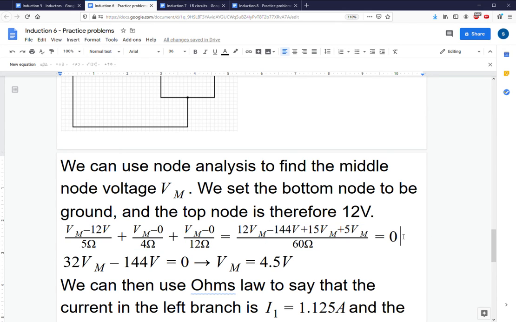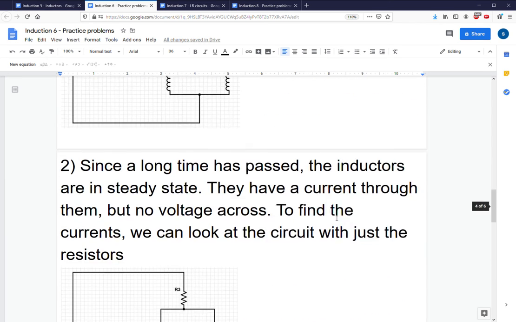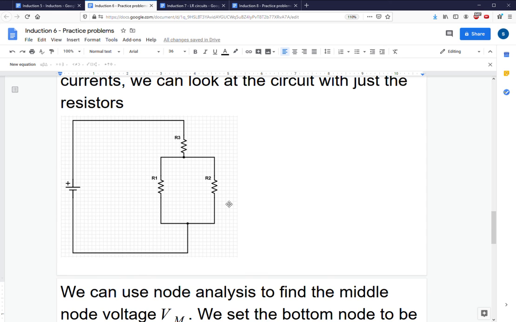And since everything is equal to 0, it doesn't matter that it's over 60, so we can discard that. We combine like terms, we're left with 12 Vm plus 15 Vm plus 5 Vm, or 32 Vm, minus 144 volts equals 0, which gives us Vm is equal to 4.5 volts. If this node is ground, then this node is at 4.5 volts.